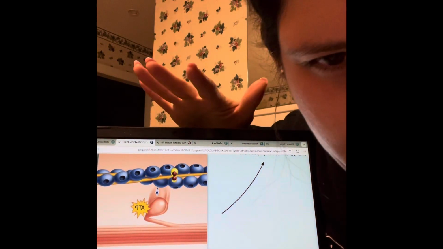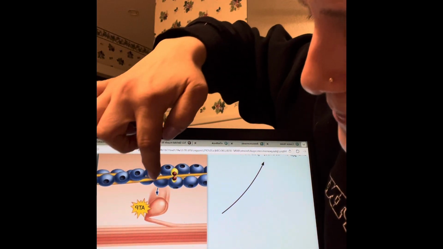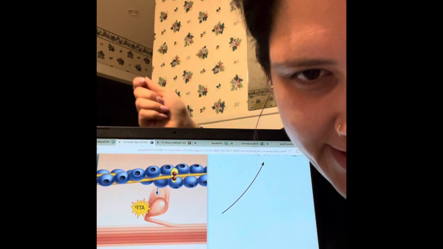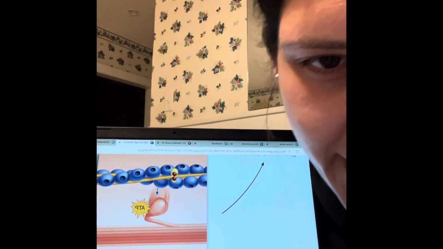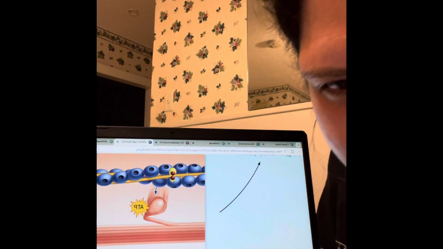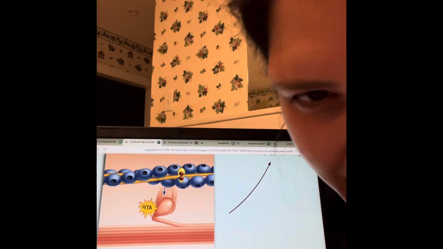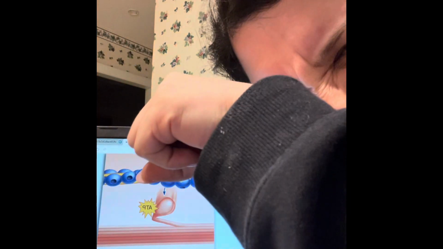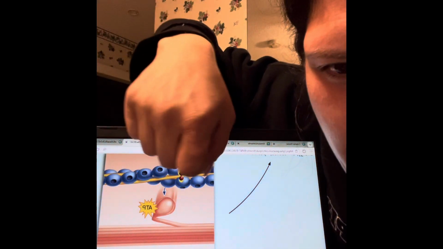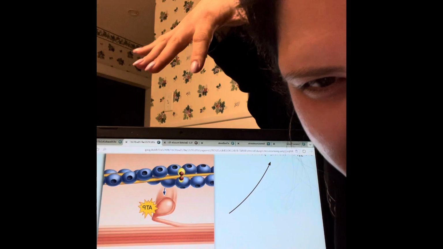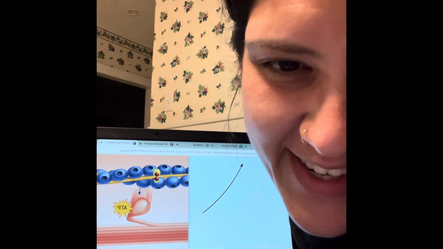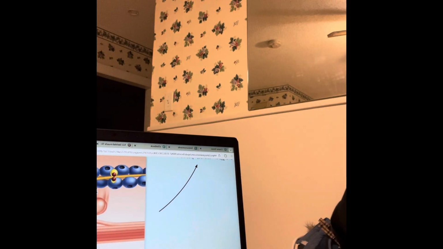So, not that it's active, but in order to unhook from the myosin binding site and restart the process all over again, we need this little fella, ATP. What does he do, you ask? Well, I'll tell you. He gives the myosin head the little oomph so that the ADP and phosphate detach. And the ATP, boom, allows the myosin head to unhook from the active actin binding sites.